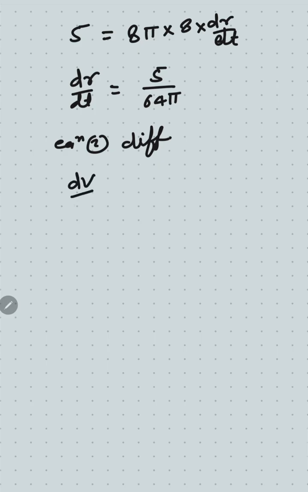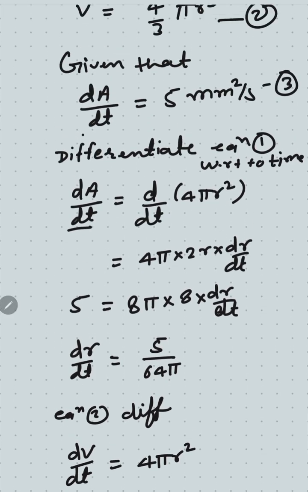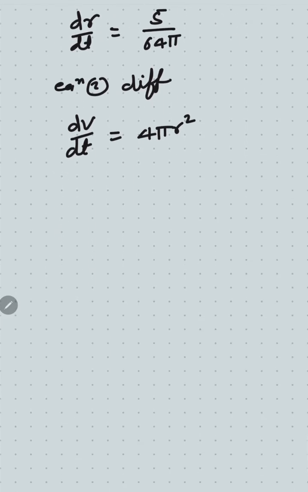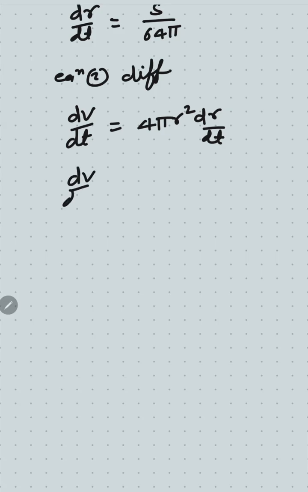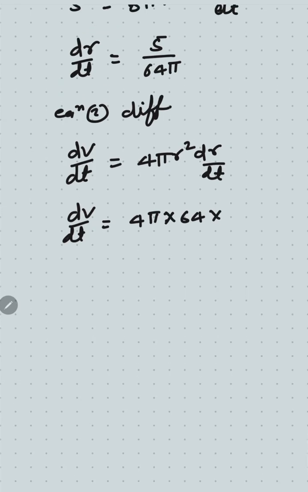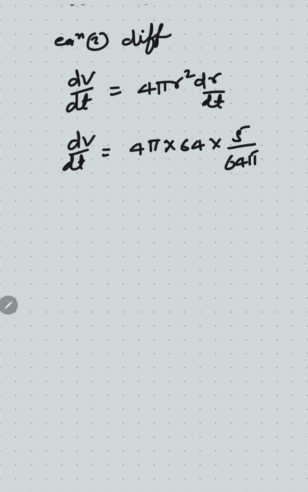then dV over dt is equal to 4 pi r square dr/dt. Now we know that dV over dt is equal to 4 pi into 8 into 8, that is 64, and dr divided by dt is equal to 5 upon 64 pi.